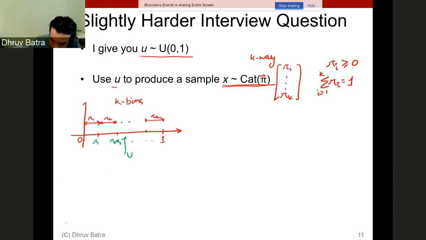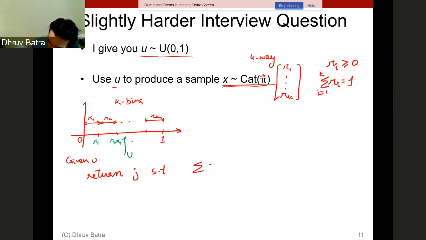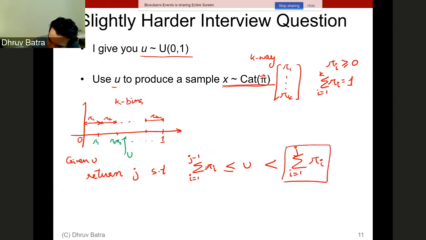And so checking for the subinterval is essentially: you're given a u, return j such that the sum of pi_i from i equals 1 through j minus 1 is less than or equal to u, which is less than the sum of pi_i from i equals 1 through j. So these are essentially cumulative sums.